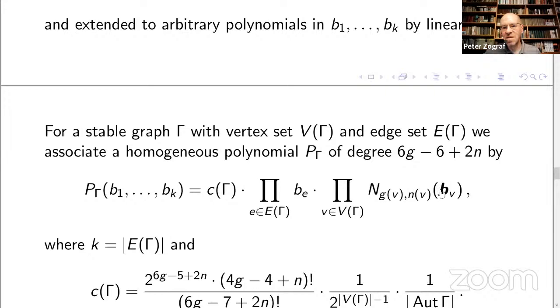We assign a variable to a half-edge of a full edge, and we assign 0 to a leg.